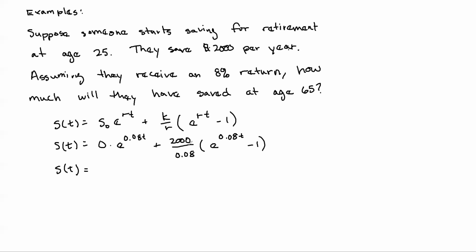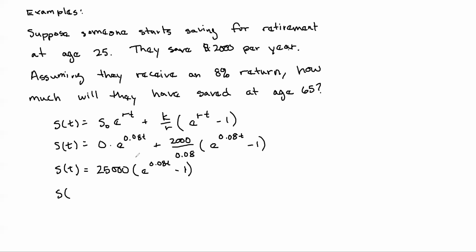So we get 2,000 over 0.08, which is 25,000, times e to the 0.08t minus 1. And now we can plug in t values, and out will come the size of the investment for that t value after that amount of time.